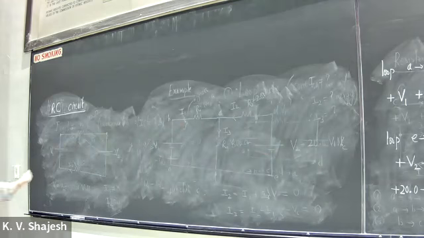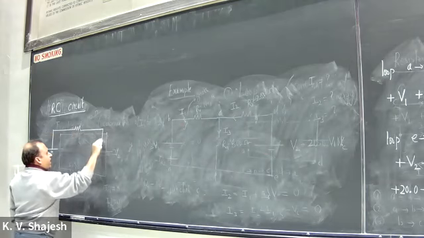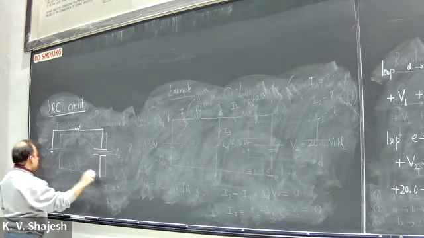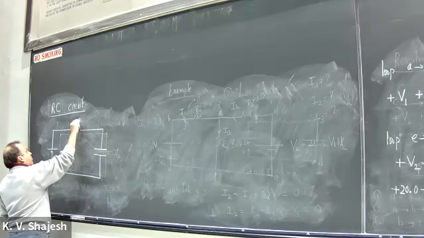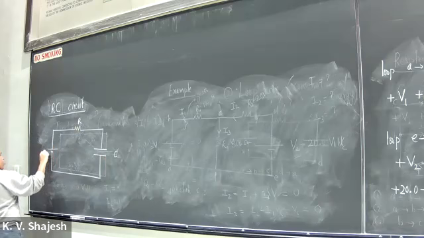So how does this look when I connect them in series? A resistor and a capacitor. That's your R, that's your C, and that's your voltage.